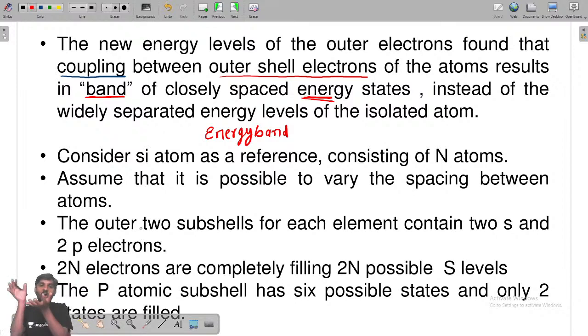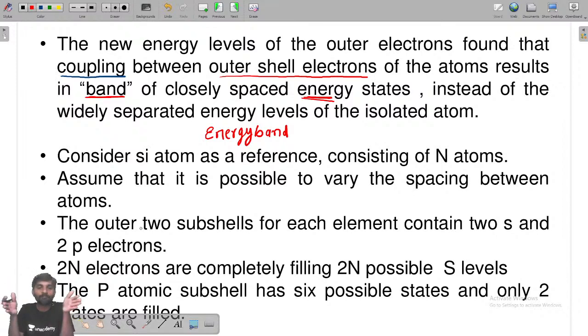All the outer electrons, one electron of one atom, another electron of another atom, when they come together, the inner electrons' energies will not be altered, but the outer shell electron energies come together and form a band.